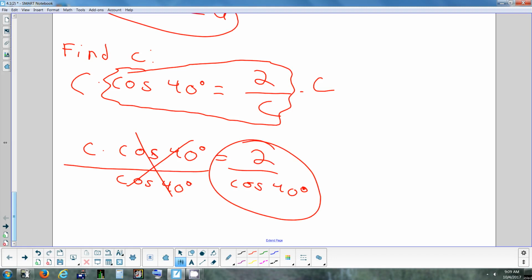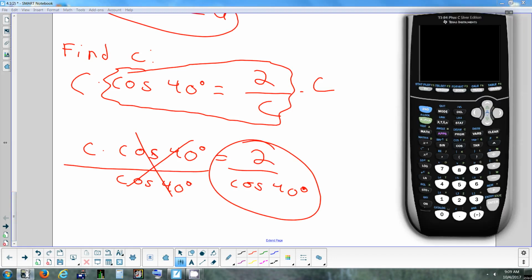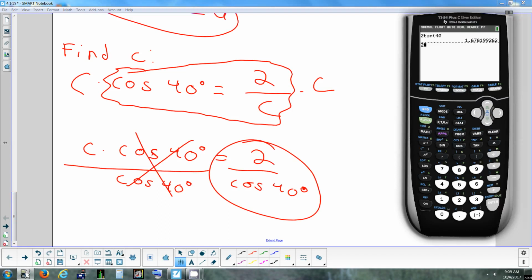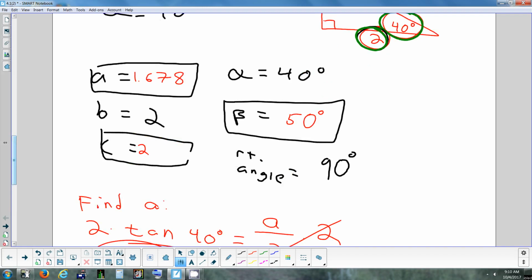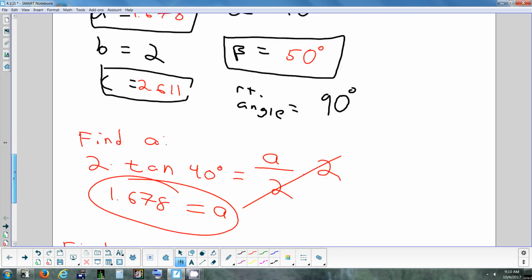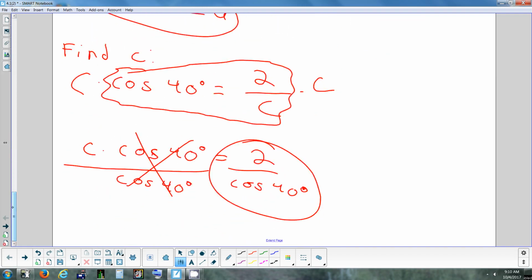So now just type that in. C equals 2 divided by cosine 40. We get 2.611. All right. So now, does anybody see what happened?